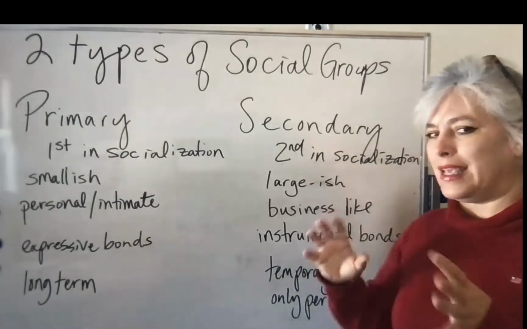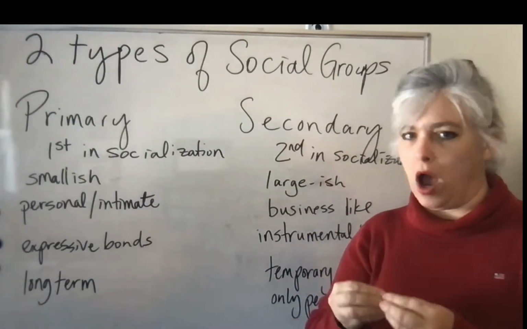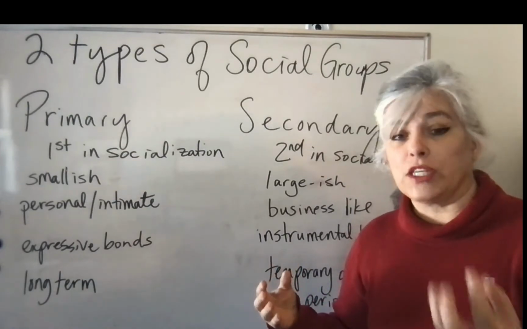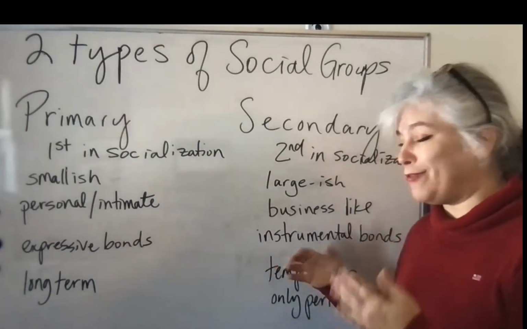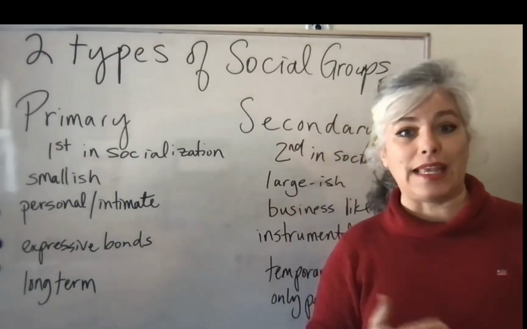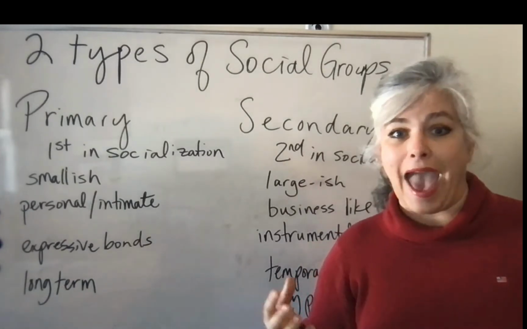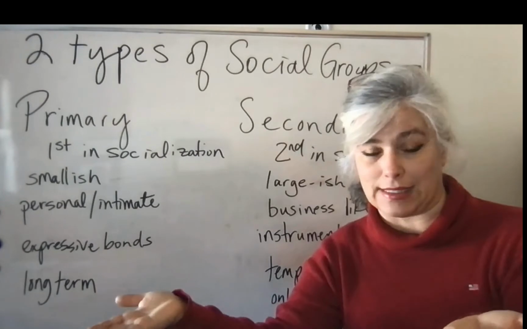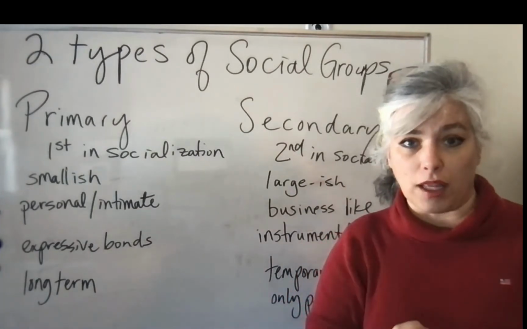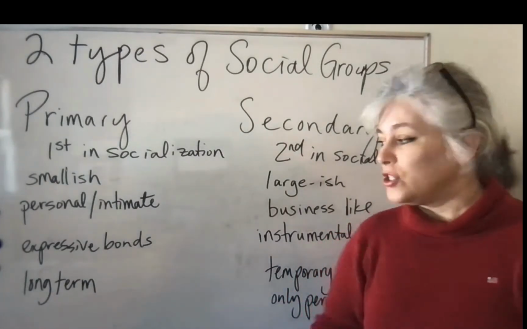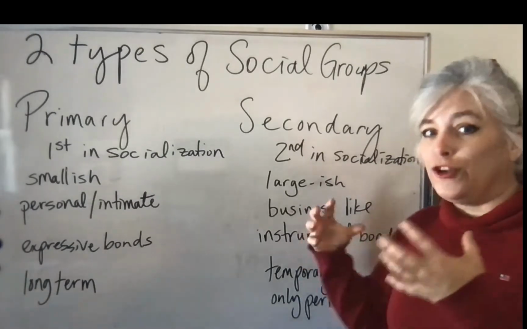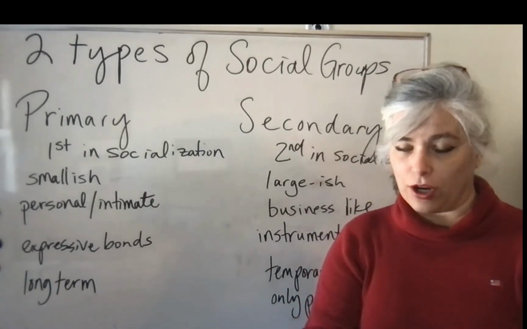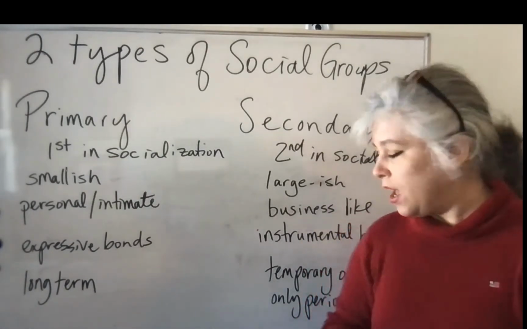Instrumental bonds are goal-oriented bonds. So again, using our class as an example, we have the goal of successfully completing this semester together, and therefore making you able to successfully complete future classes because of the foundational knowledge that you got with me. So there's a goal to the bond that we have together, the teacher-student bond.